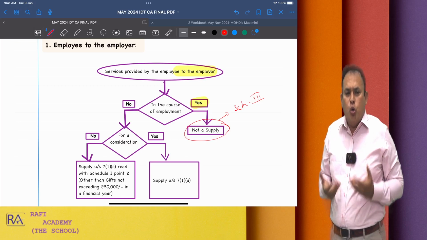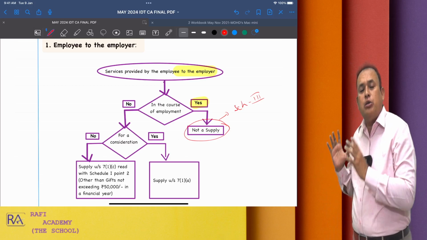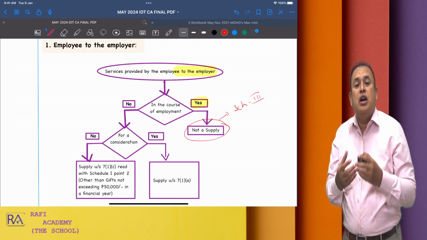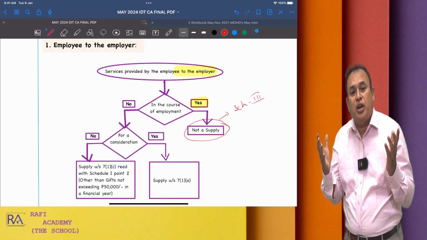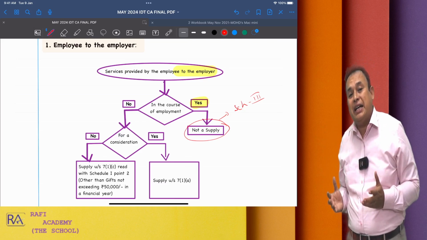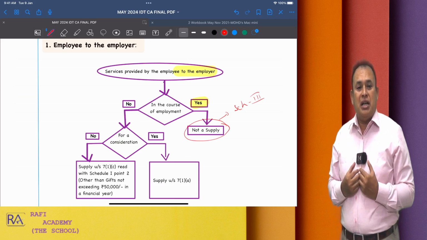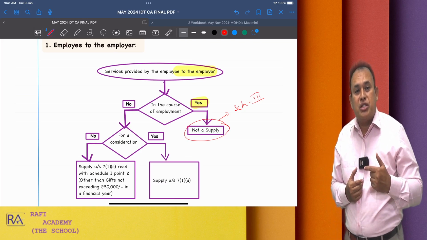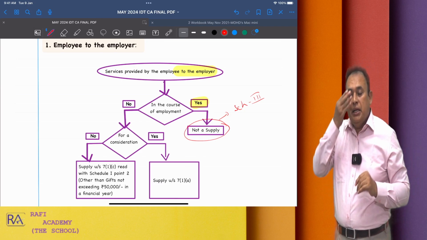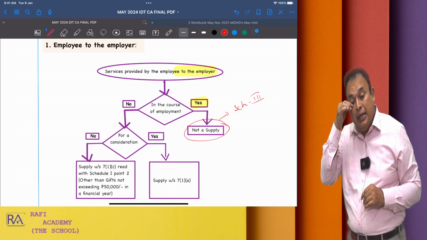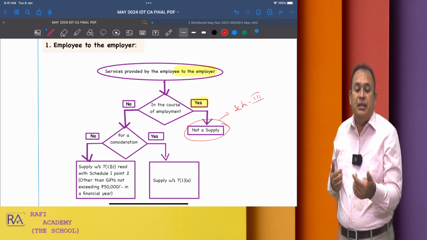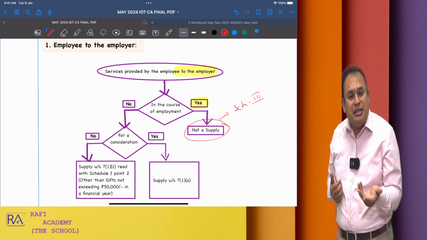Mr. Rajaram, who is a finance manager of MRF Limited, supplied room perfumes worth 45 lakhs to MRF Limited. That means Mr. Rajaram supplied the goods to MRF Limited where he is an employee. Now you tell me, is this supply of goods by Mr. Rajaram to MRF Limited in the course of employment?